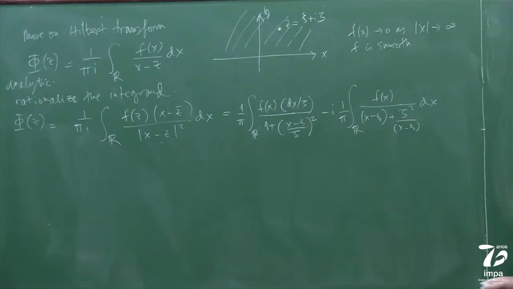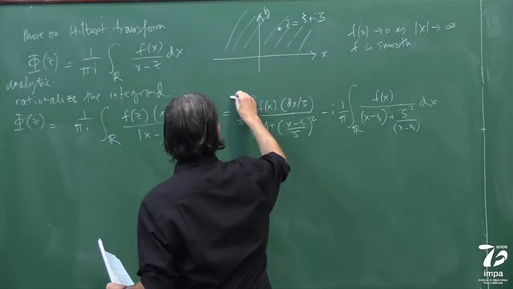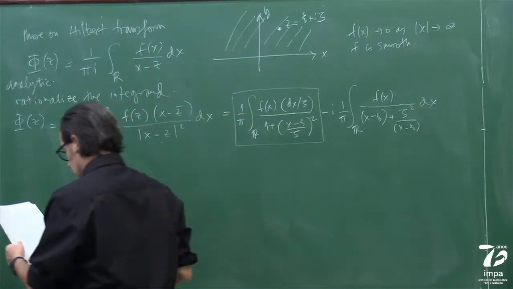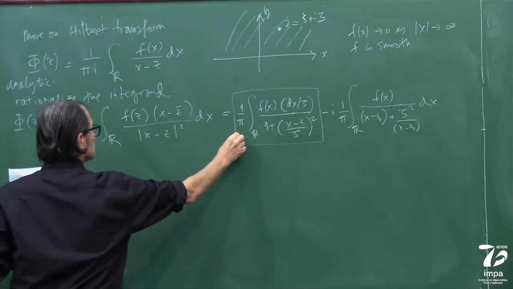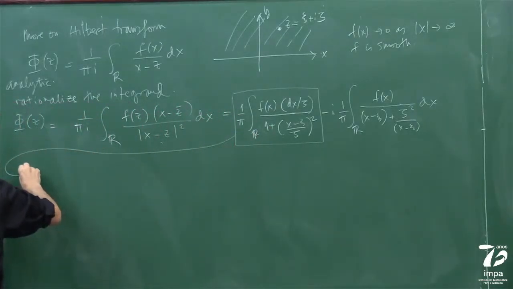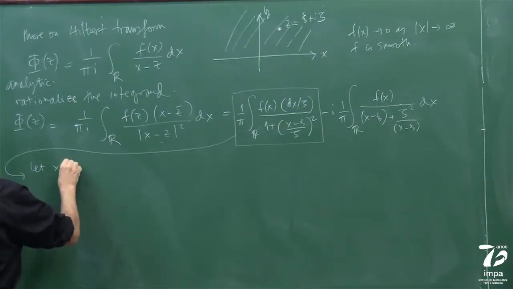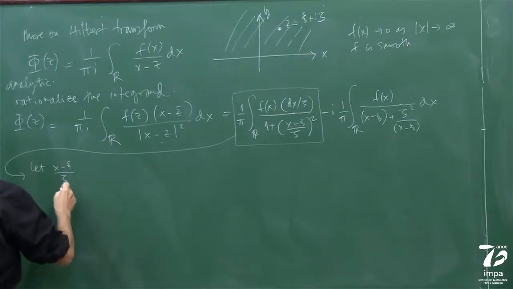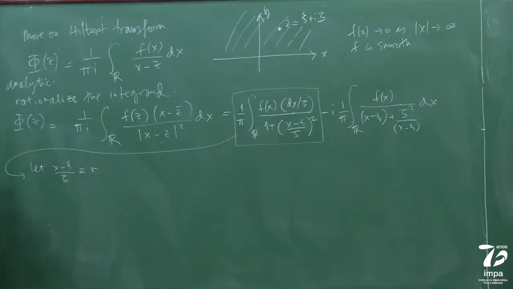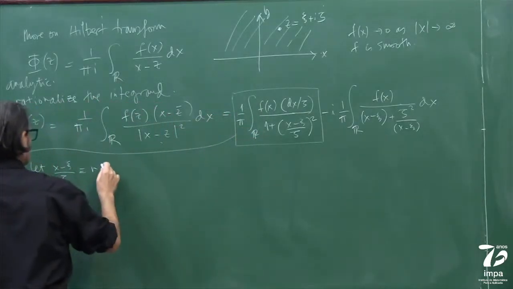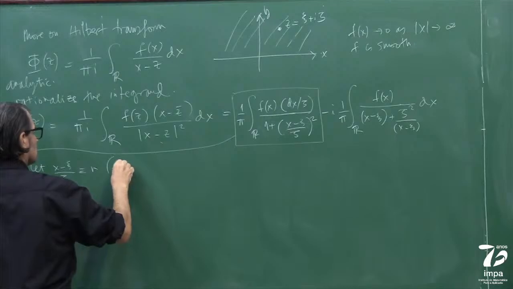So now for the first part, for the real part, note, let's do this so that we can recognize things. Define this as R, right? Note that z, for the moment, is fixed.